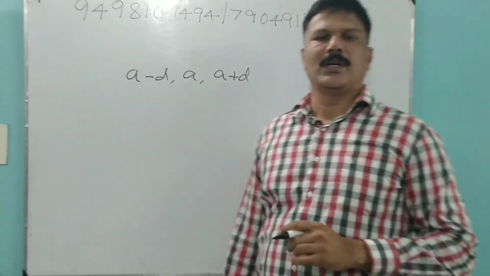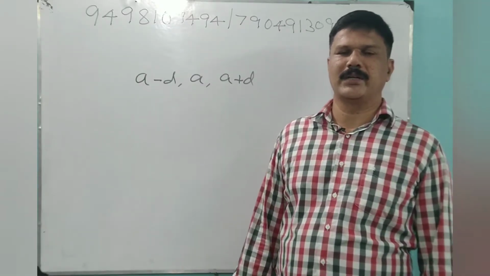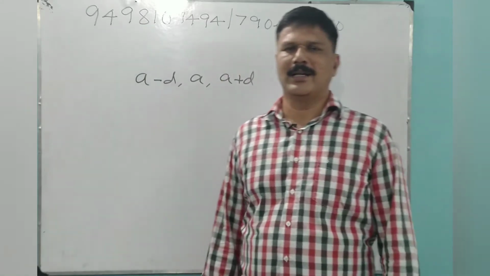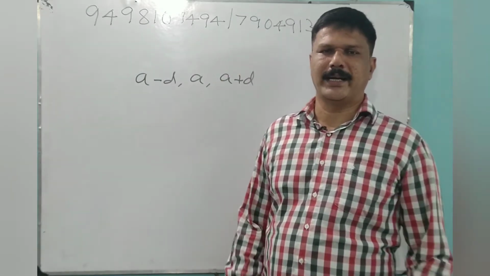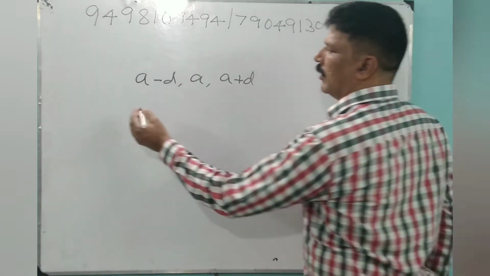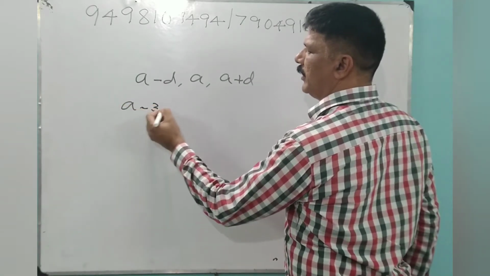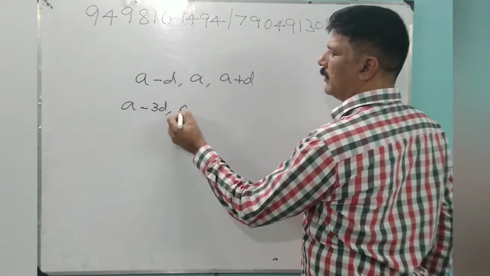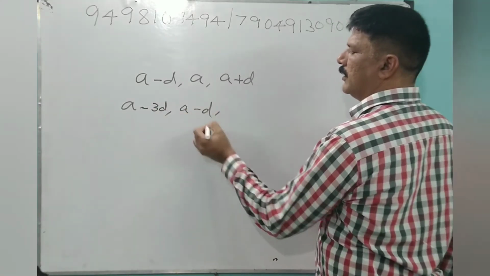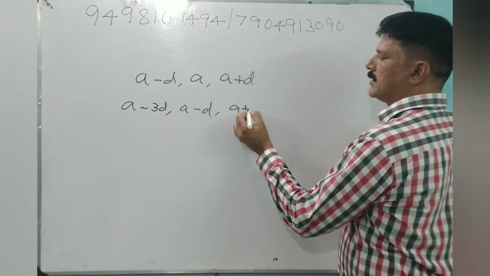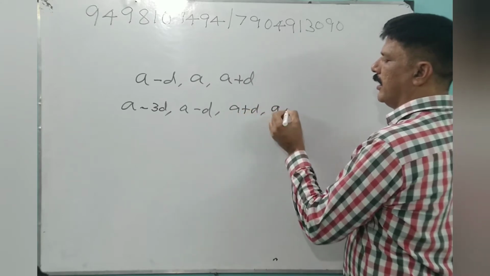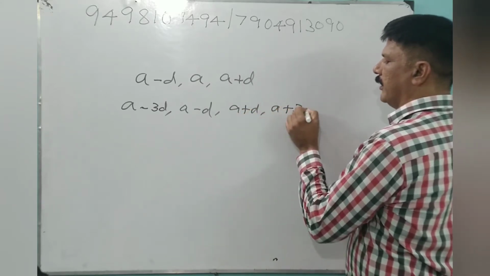Suppose the sum of four consecutive terms of an AP is given, then the four terms can be taken as a minus 3d, a minus d, a plus d, a plus 3d.